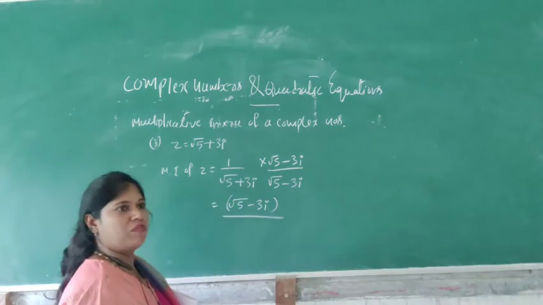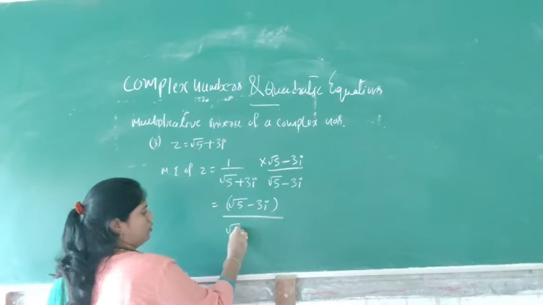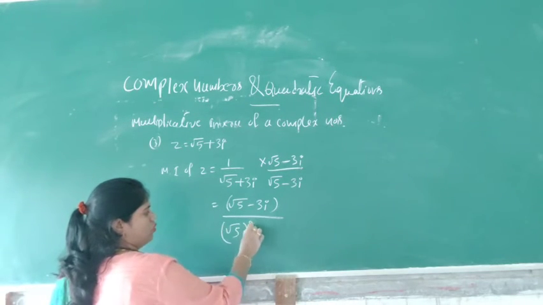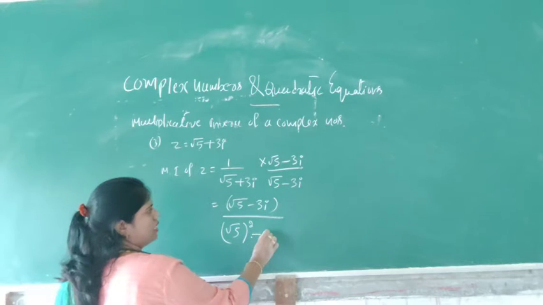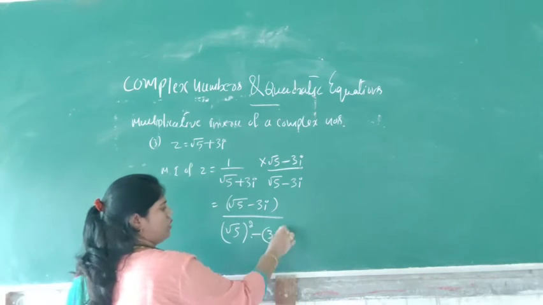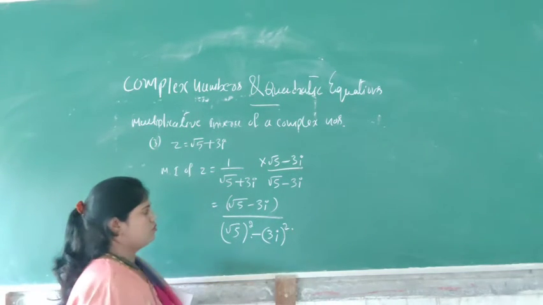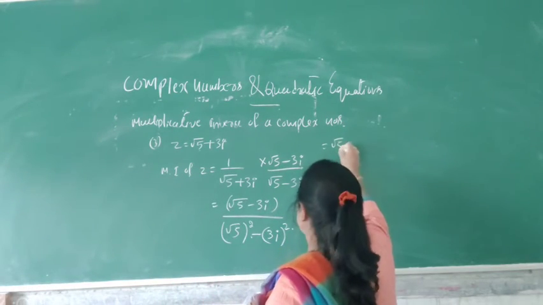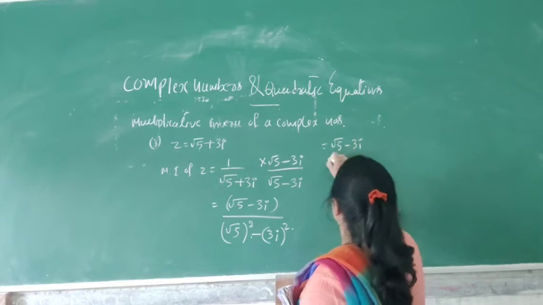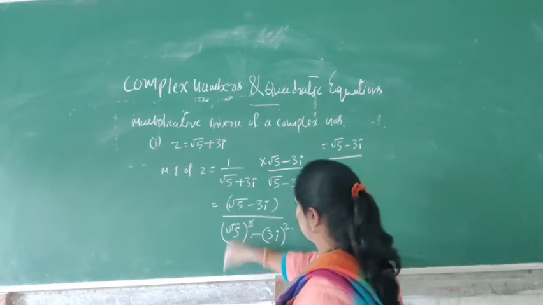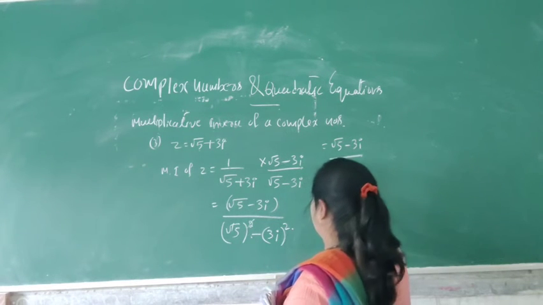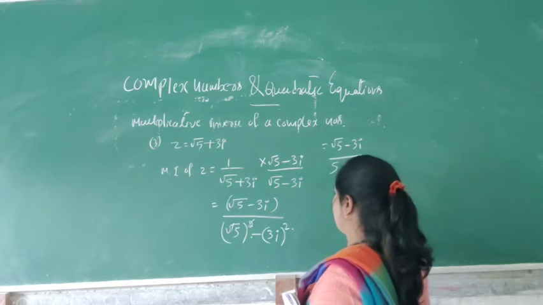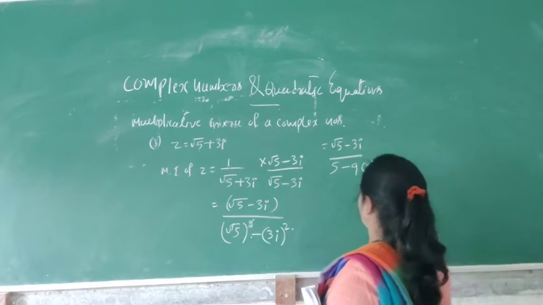Using (a minus b) into (a plus b), the denominator is root 5 whole square, a square minus b square. Correct now? So root 5 minus 3i, these two will get cancelled. 5 minus 3i whole square is 9 i square.